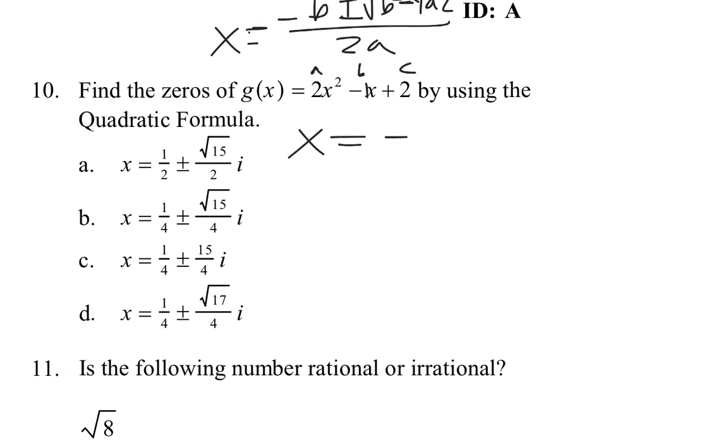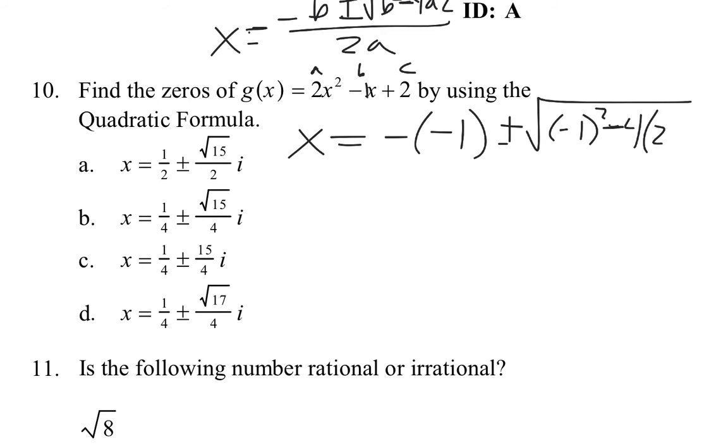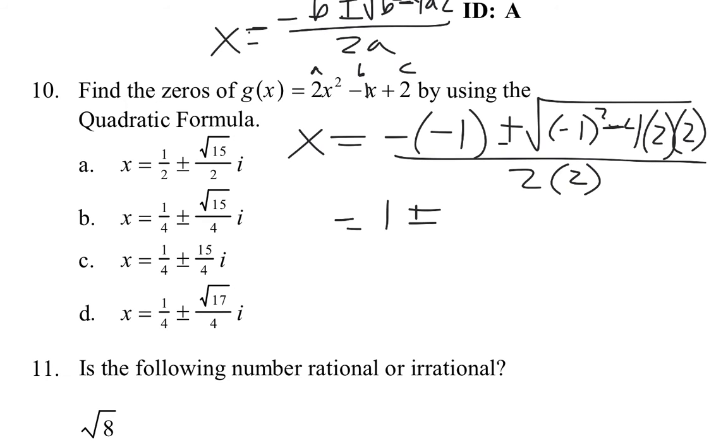So we'd say x equals negative 1 for B, plus or minus the square root, -1 squared minus 4, times an A. The A would be 2, times the C, which is also 2, all over 2 times the A, which is 2. As we simplify this, we get 1 plus or minus what's going on in the square root. -1 squared is just +1.